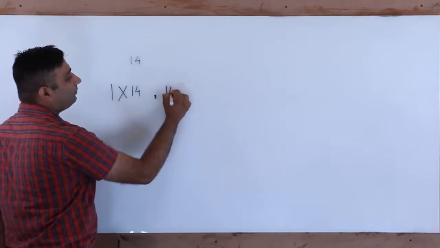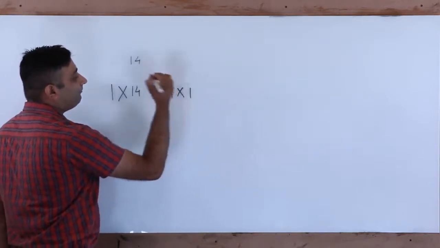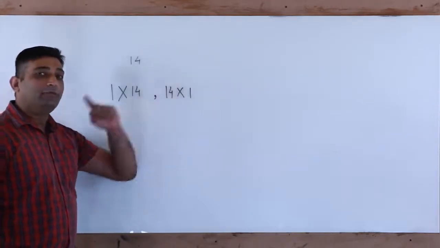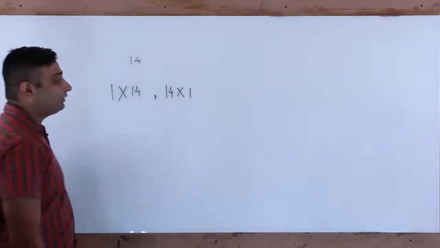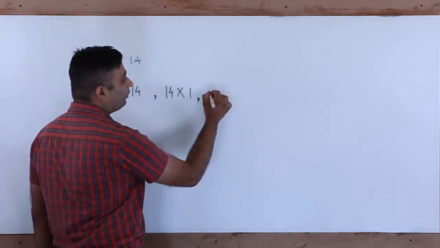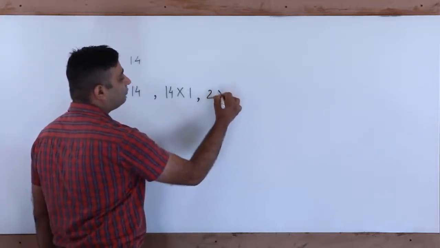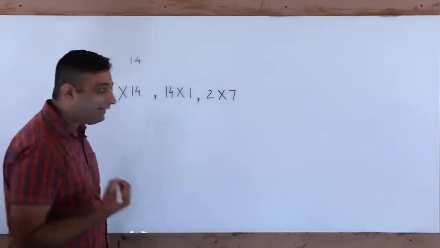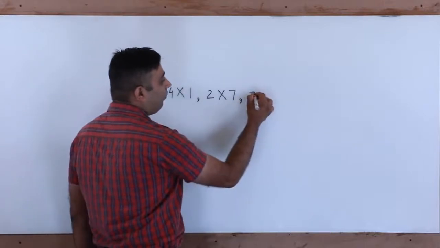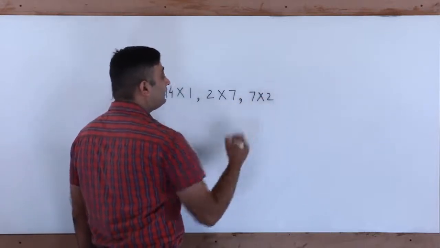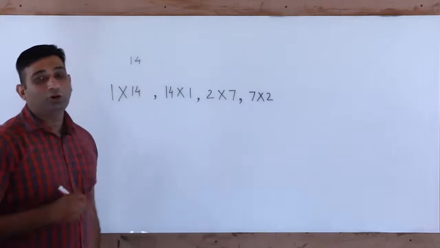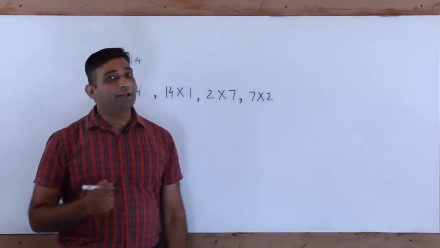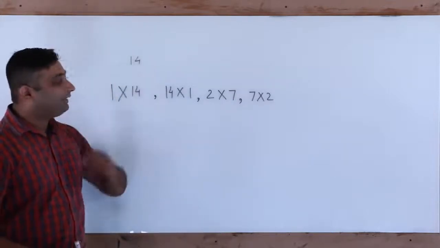Another possible order could be 14 by 1. That means a matrix could have 14 rows and 1 column, which will have 14 elements. We can also say that the matrix could be of order 2 by 7. That means it has 2 rows and 7 columns. Also 7 by 2, that means 7 rows and 2 columns. In this way, we can find the possible orders of a given matrix if we know the number of elements of that matrix.